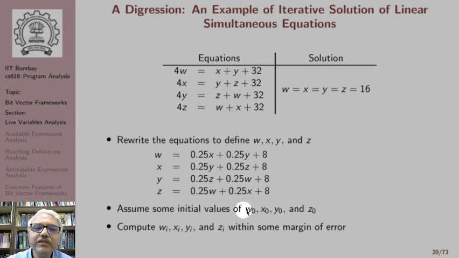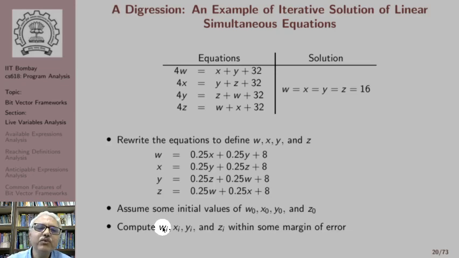We'll assume some initial values which we call w0, x0, y0 and z0, and then we have a recurrence. We compute wi from wi minus 1, xi from the previous values, yi from the previous values. So wi refers to the value computed in the ith iteration. We're trying to iteratively solve the system of simultaneous equations.